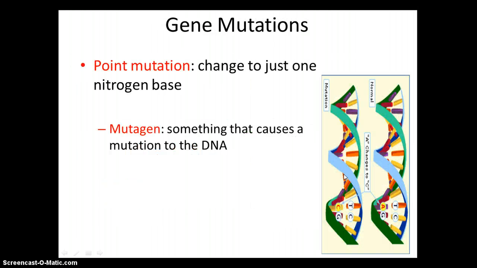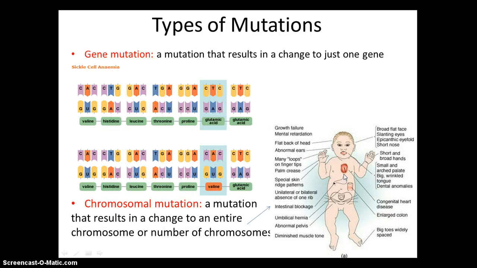A point mutation is a type of gene mutation where just one nitrogen base changes. And sickle cell anemia is an example of a point mutation.